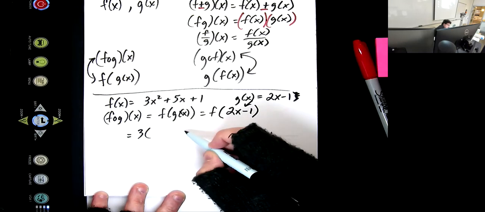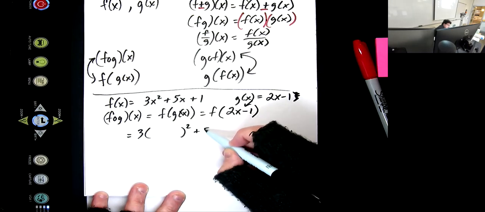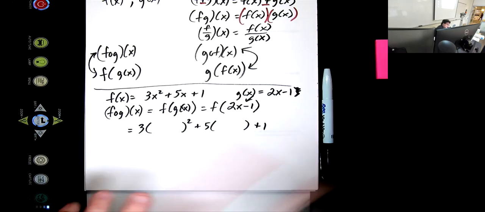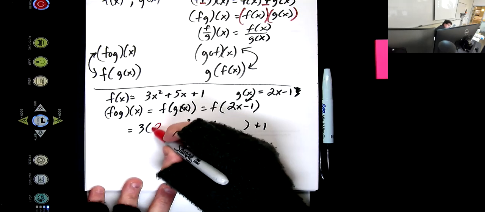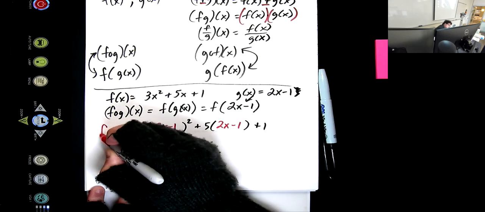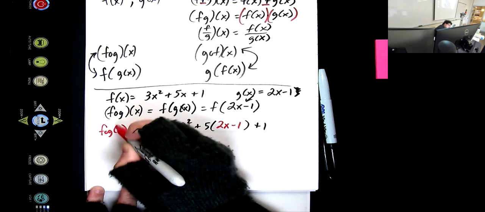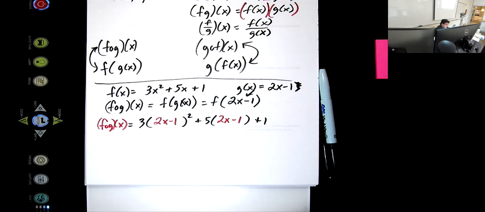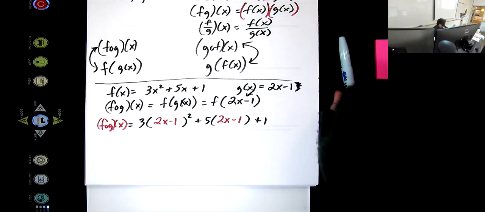So you might find it easier to have parentheses in, and then make that substitution. You probably want to distribute and clean this up.